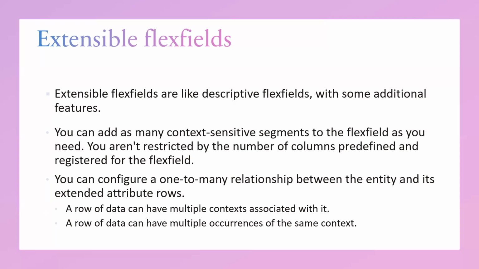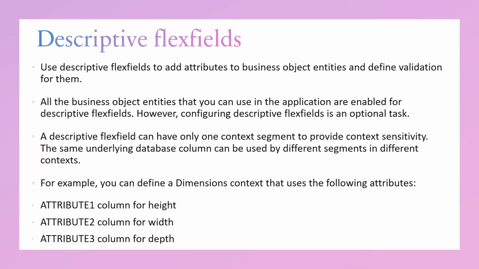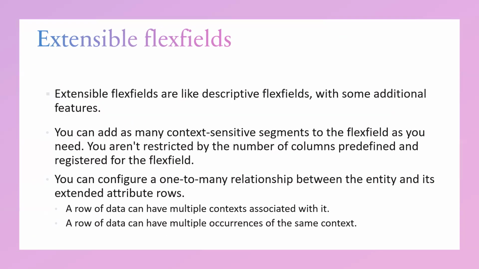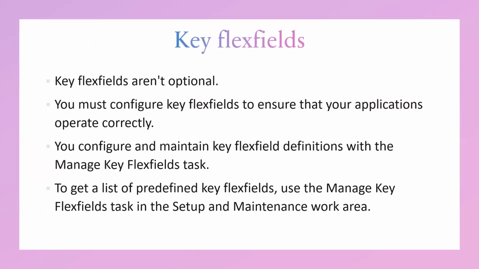So here we have connectivity from one field to another field. Whereas a descriptive flex field is an individual field. If you want to maintain three values, you cannot connect them one to one. You can create three individual fields. So this is extensible and descriptive flex fields.